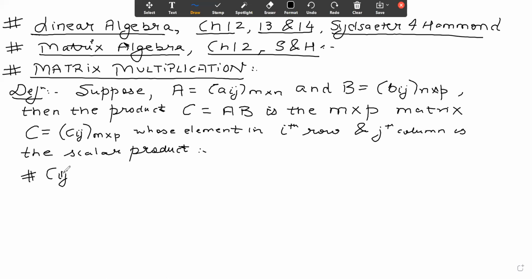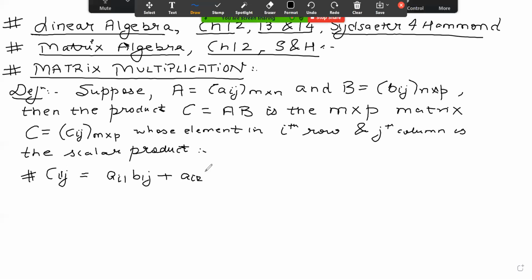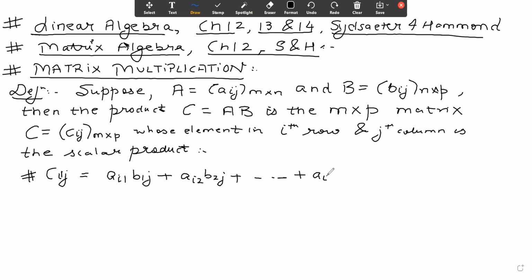Cij is equal to Ai1 into B1j plus Ai2 into B2j, plus I can continue, Ain into Bnj. Okay, so now this is the definition, but you will understand this in a better way when I actually show you the multiplication in numericals.